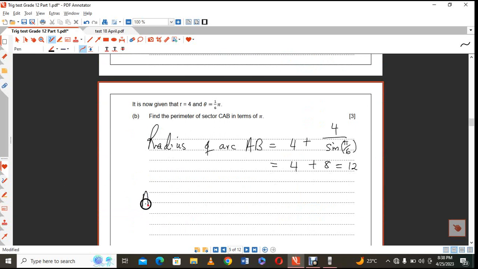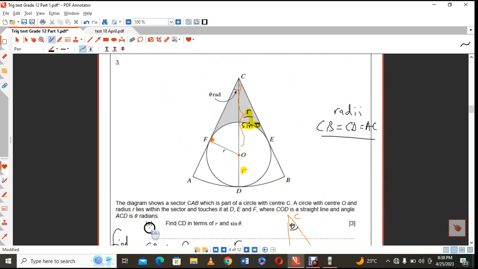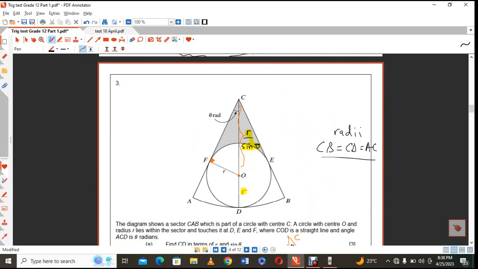So the arc length, arc AB, remember, arc length is calculated using the formula theta times r, or the other way around. But here's the thing. I'm looking for arc AB, and I only have my theta over here.